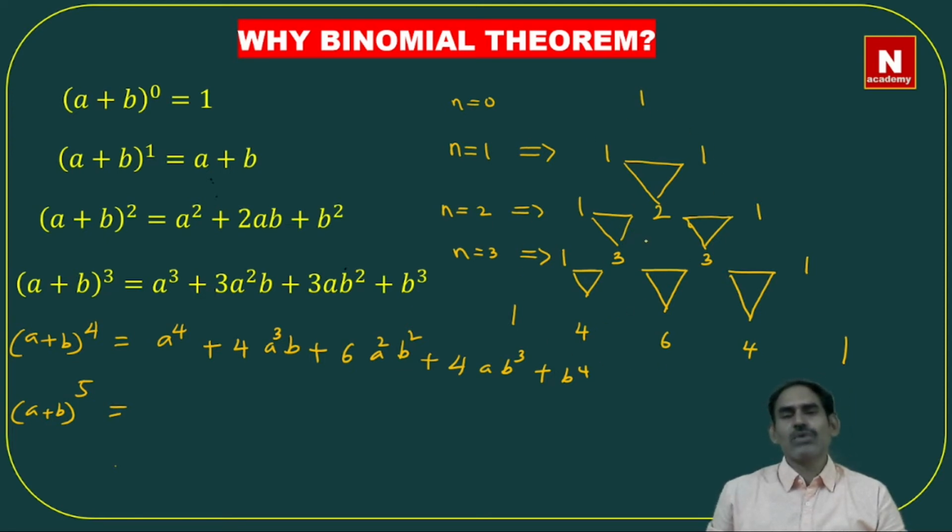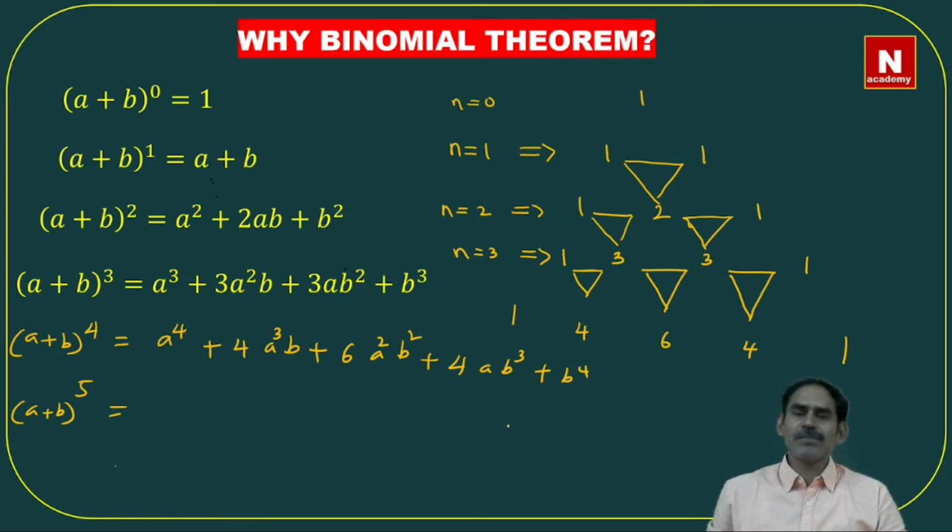This triangle is known as Pascal's triangle. With the help of Pascal's triangle, we can find coefficients of any index. If you want to write the expansion of (a plus b) whole power 5, if you extend this triangle, you will get the coefficients again.